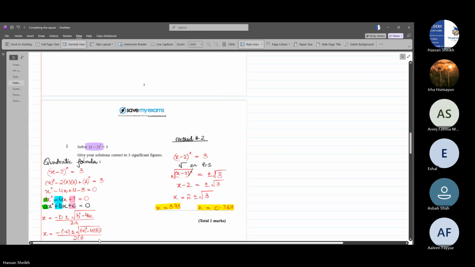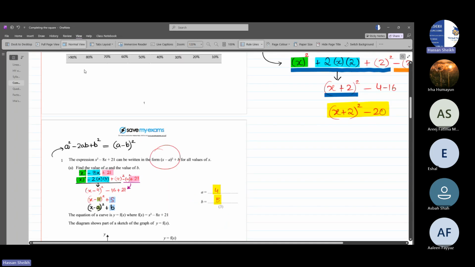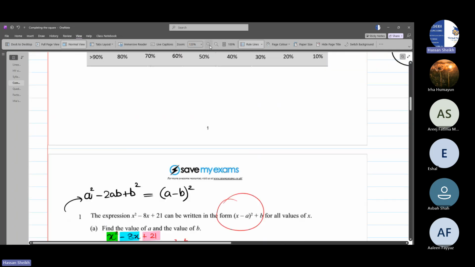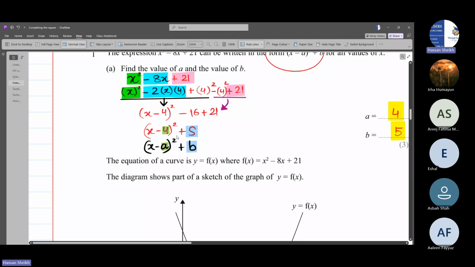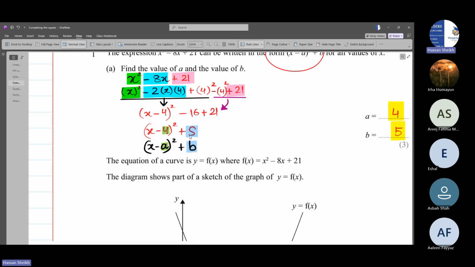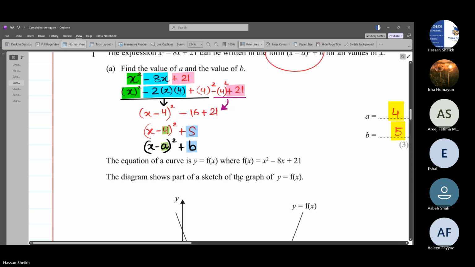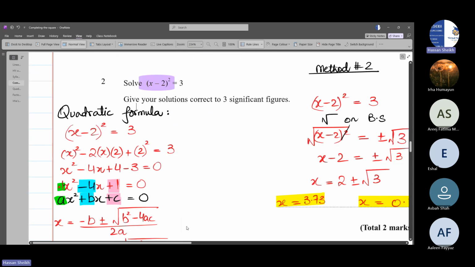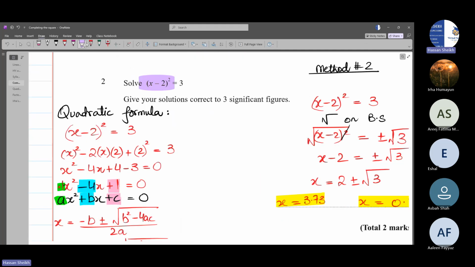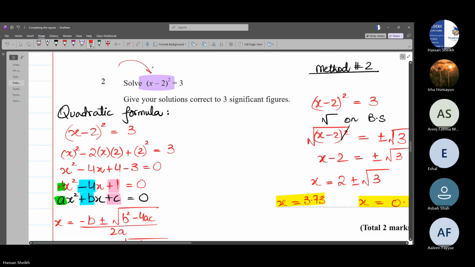So look, didn't we do the same thing here by completing the square? Check. We write it as (x minus 4) whole square plus 5. Is that our answer for the previous question? (x minus 4) whole square plus 5. Now in the next question, the quadratic expression has already gone through the completing square.